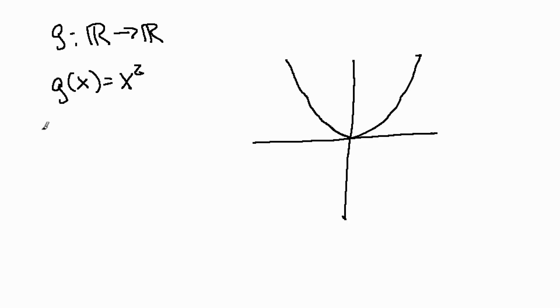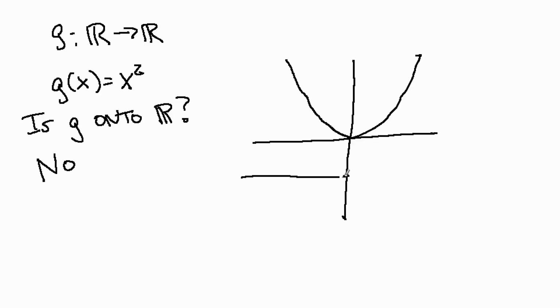And the question is, is G onto R? And the answer is no. For example, if I come over here, and again, I draw my horizontal line, I ask the question, does this intersect anywhere over here? And the answer is no.